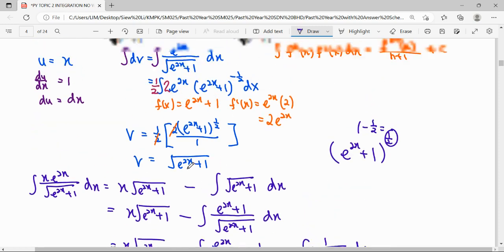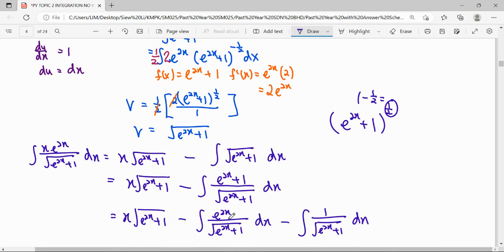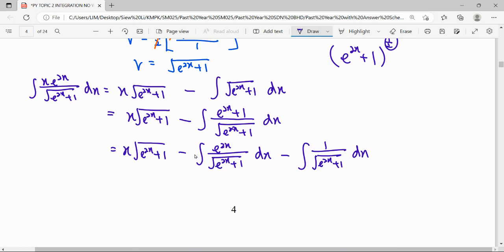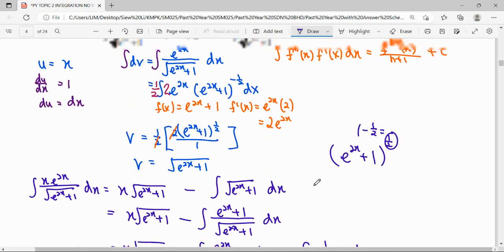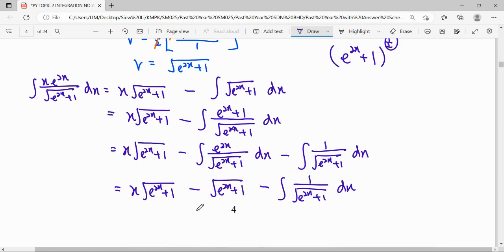So you can get the pattern that we have done before. When we integrate e to x over square root of e to x plus 1, we get the answer of square root of e to x plus 1. And then for the last term here, we achieve what the question stated, which is the integral of 1 over square root of e to x plus 1.